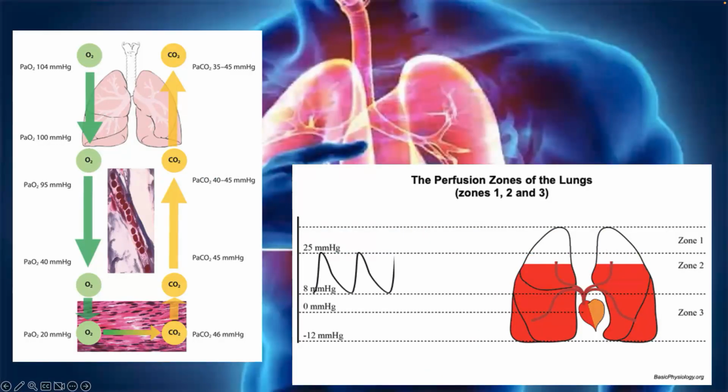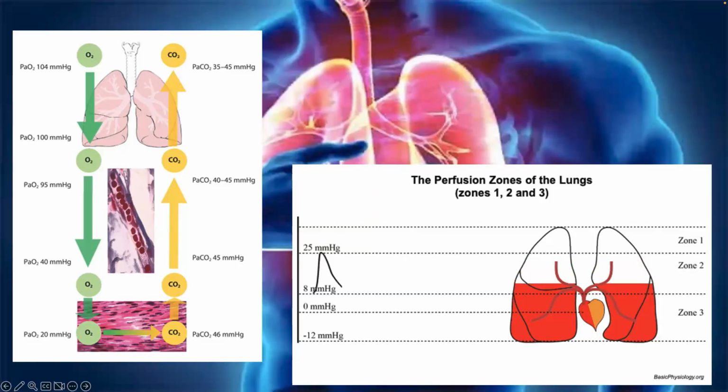Conversely, if we look at how the oxygen level occurs: when we breathe in and out, we're at about 104 partial pressure of oxygen, so kind of the number of molecules.